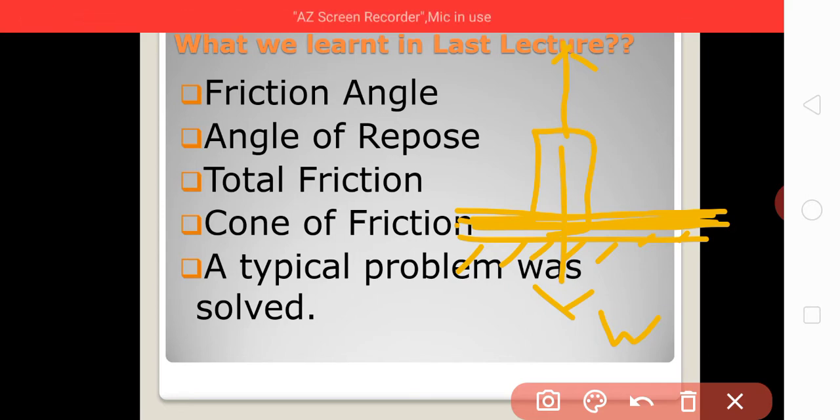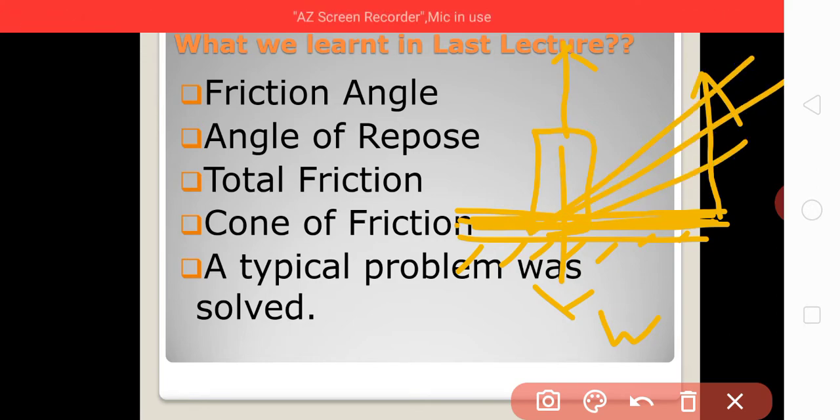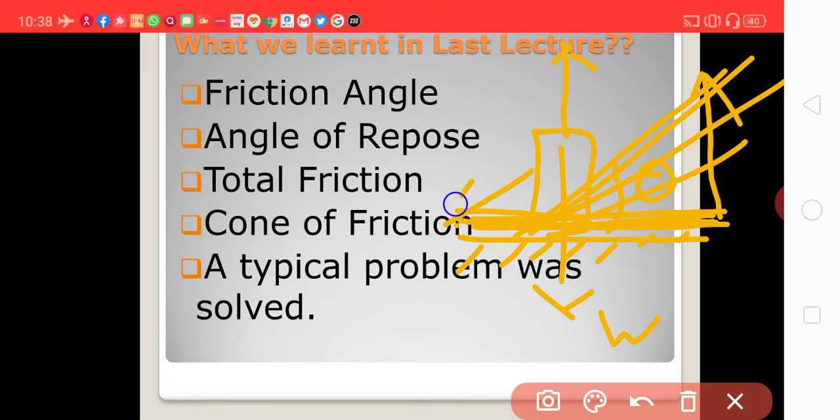Now, just tip this upward like this, gradually increasing the angle. An angle will be reached at which this block will start sliding downward due to the weight component.